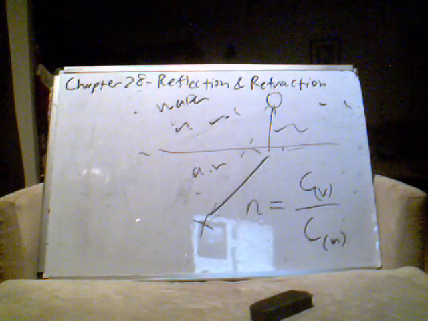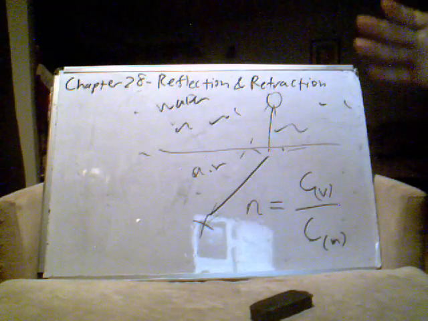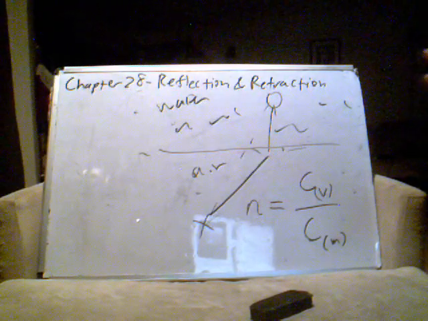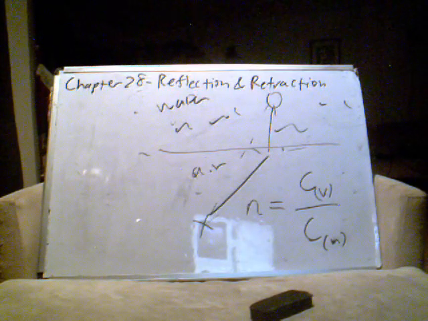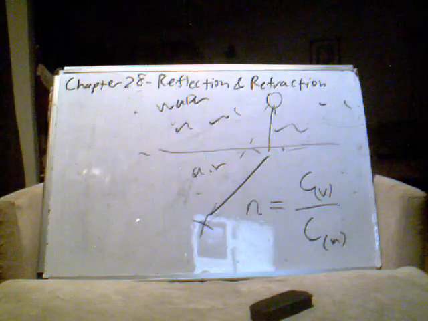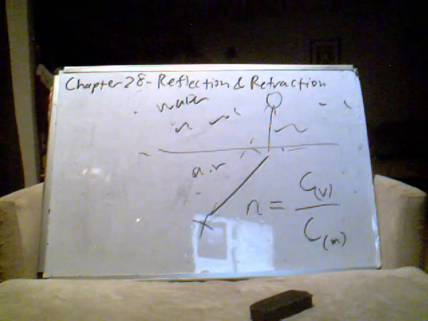And that's why if you drop a coin into a cup of water, it looks like it's at a certain depth if you view it from the side, but it looks like a different depth if you view it from on top, right? Because the light actually moves slower in this different refractive medium.